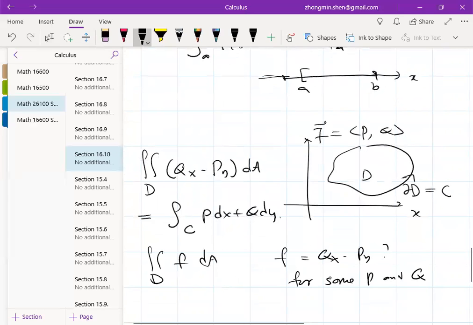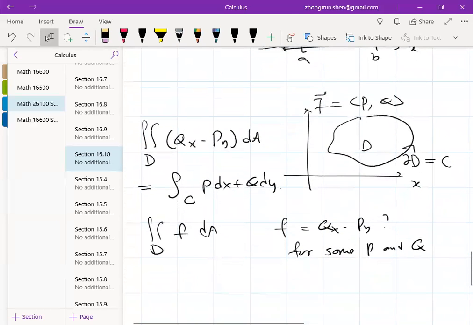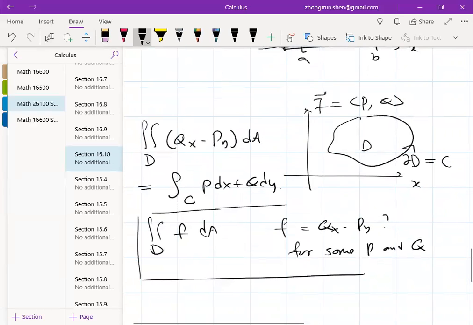Given a double integral, you are not going to use Green's theorem to evaluate it, because it's difficult to find the Q and the P so that the difference of partial derivatives is F. It's almost impossible. So we're not going to use Green's theorem to evaluate a double integral. We're going to use Green's theorem to evaluate the line integral. We do it the opposite way.